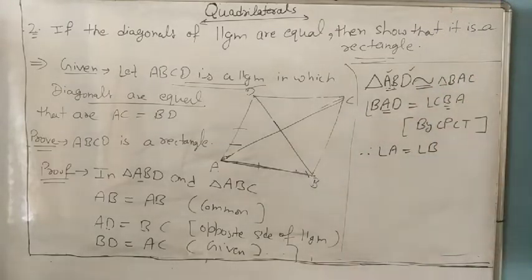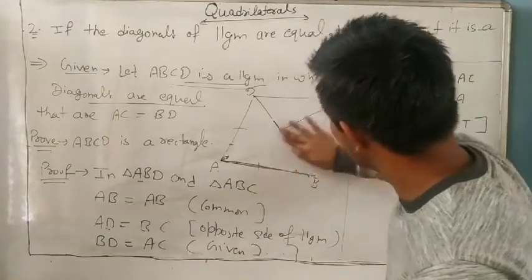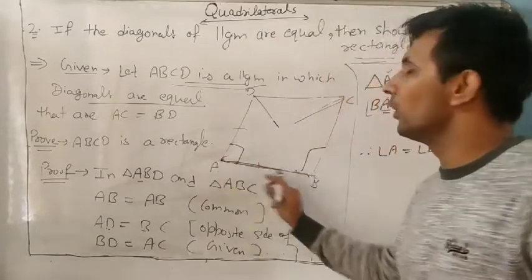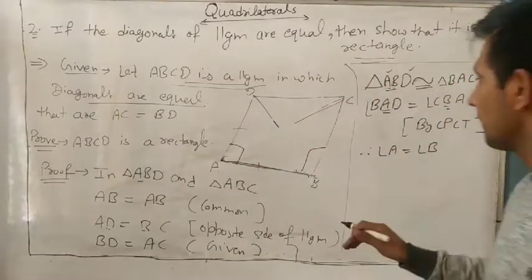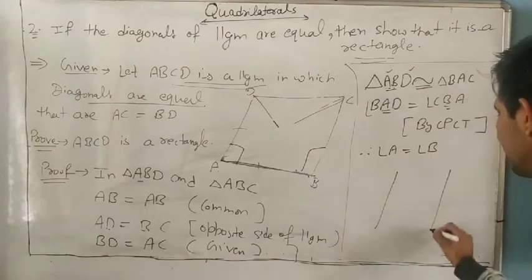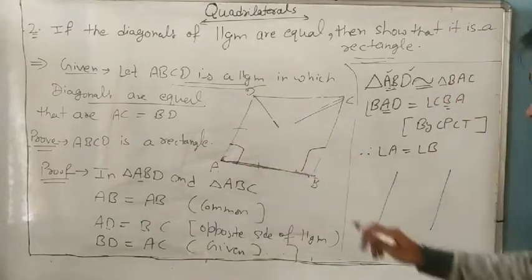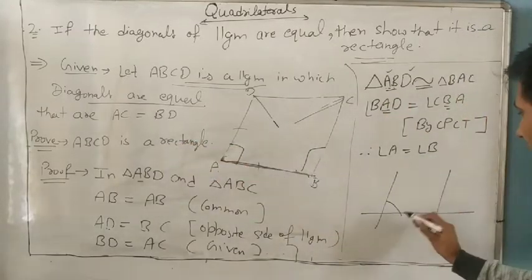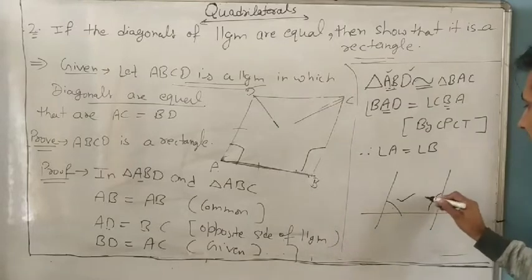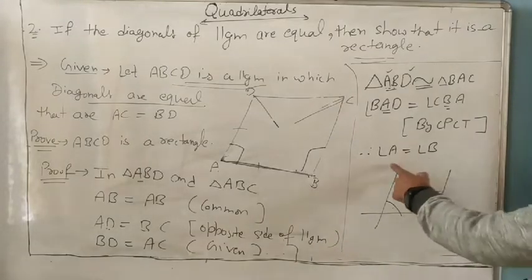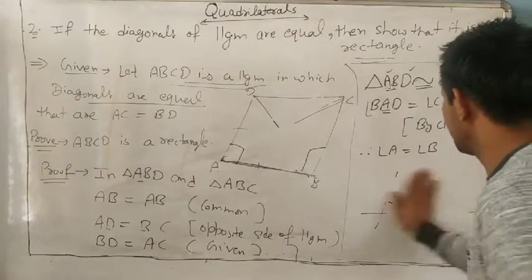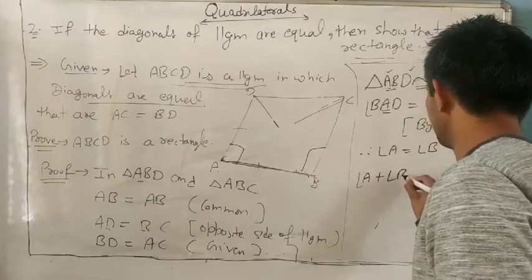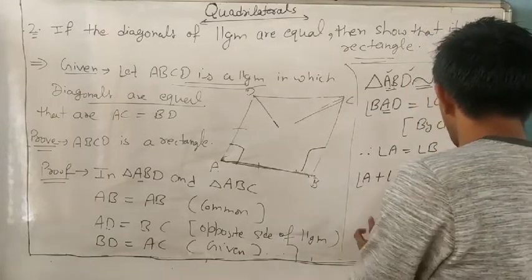And now this angle equals this one, and we know ABCD is a parallelogram, and in a parallelogram AD is parallel to BC. These two parallel lines are cut by a transversal line. The sum of the interior angles is this angle plus this angle is 180. So angle A plus angle B equal to 180.